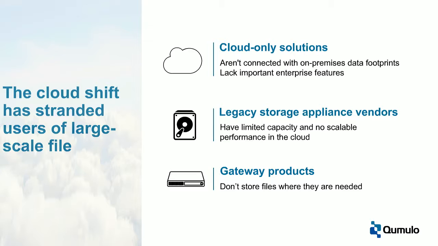So if you look at the three options here, right now you do have some cloud-only file providers that just don't allow you to have a hybrid type of workflow, as many customers are still storing lots of data on-premise but need to move all or part of that to the cloud at various times.